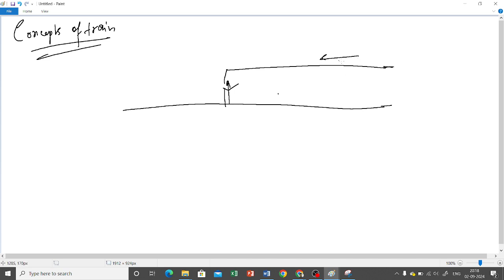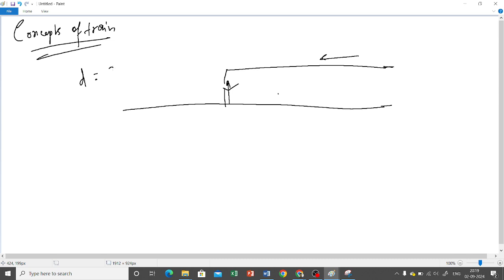So the train is coming. Now what is the speed of the train? Now how will I relate? See the man, the velocity of this man is 0. Now when the train is crossing, the distance that the person sees as the train passes by is the length of the train.